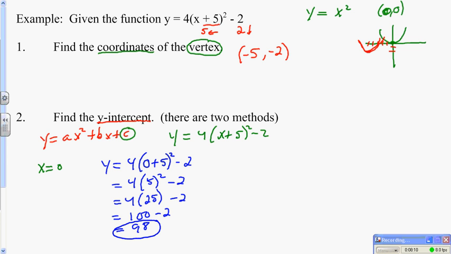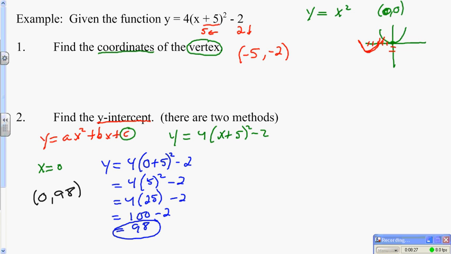I'm sure you could skip some steps there, but that's showing it longhand. So our y-intercept is located at 0, 98. Pretty high.